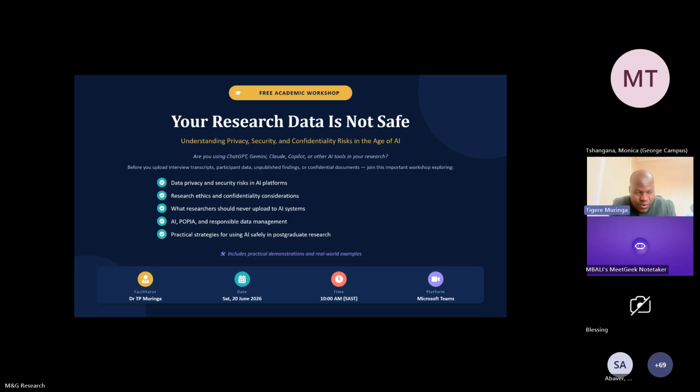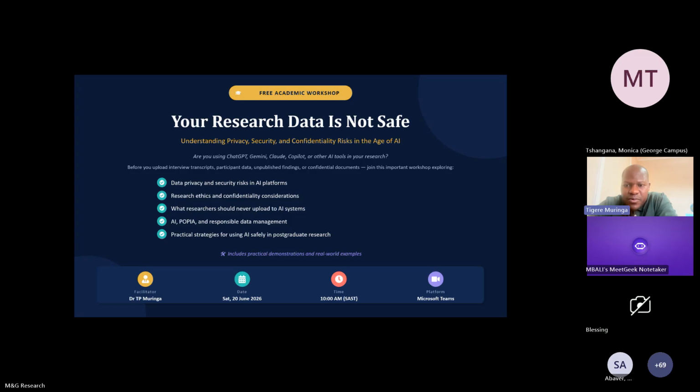I know the UNESCO AI ethics recommendations stress human rights. It emphasizes issues of accountability, privacy, and governance. So the conclusion then is that we are protecting research data, protecting participants, strengthening academic integrity, and reducing legal risk.